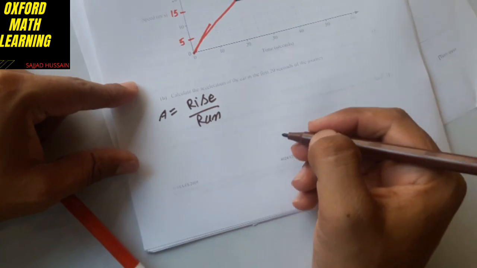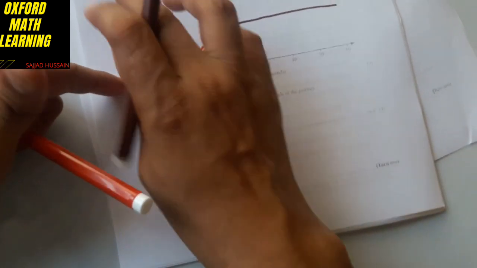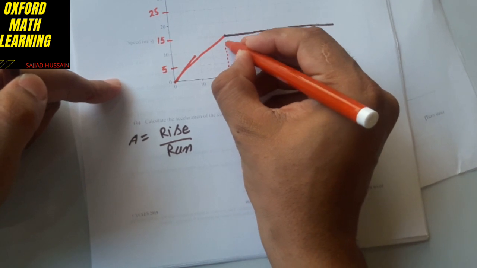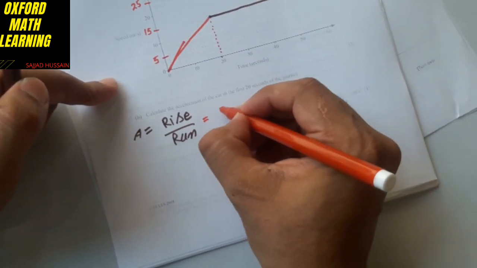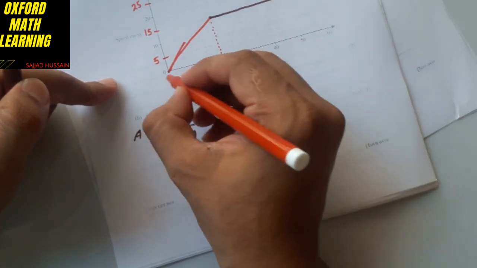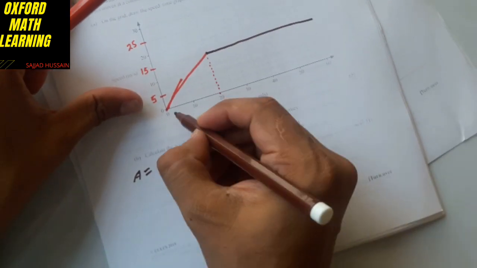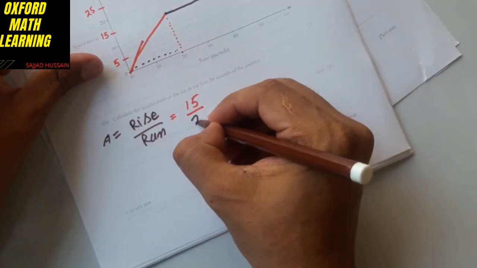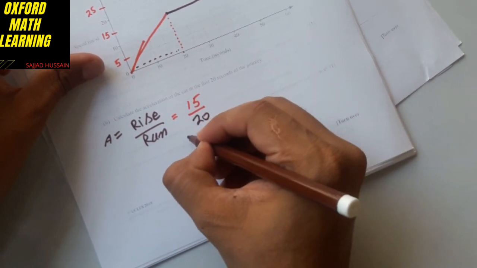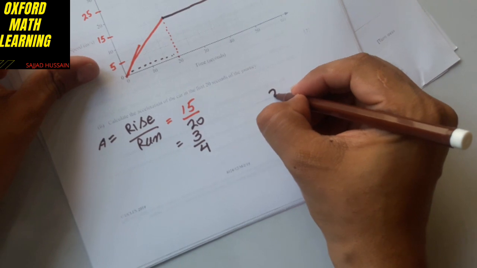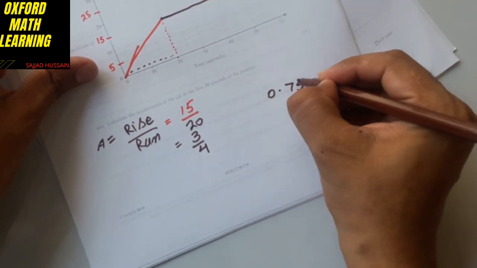The rise is 15, over the run, and this is the run, so the run is 20. So 15 over 20 will be equal to 3 over 4, and we can further simplify it and write it as 0.75 meters per second squared.